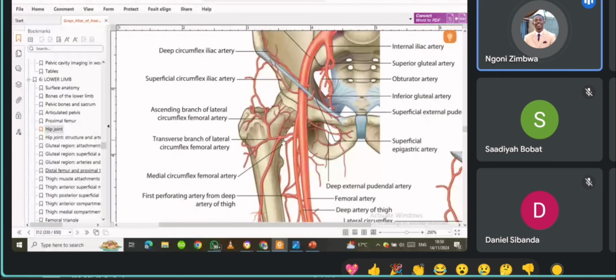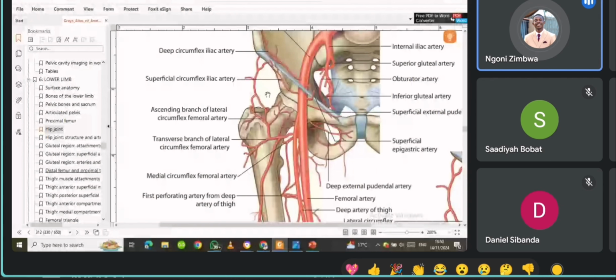And then the descending branches of the inferior gluteal artery and superior gluteal artery, forming this trochanteric anastomosis, which is a rich anastomosis that is the major blood supply to the head of the femur. Very important.